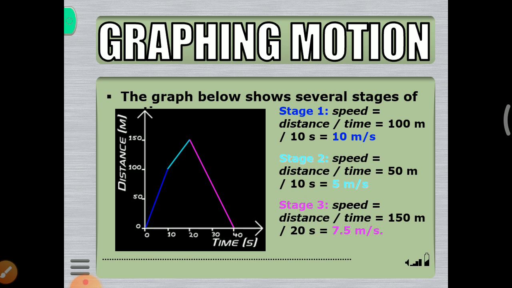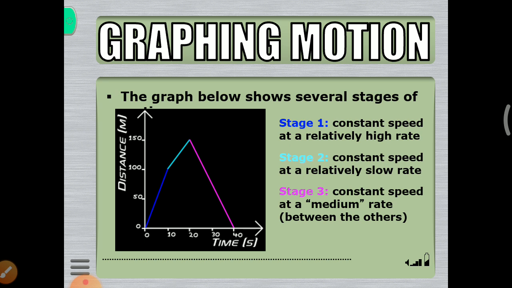The object covers 7.5 meter in 1 second. So from this we can say that in stage 1, the object moved at high speed. In stage 2, the object moved at slow speed. In stage 3, the object moved at medium speed.